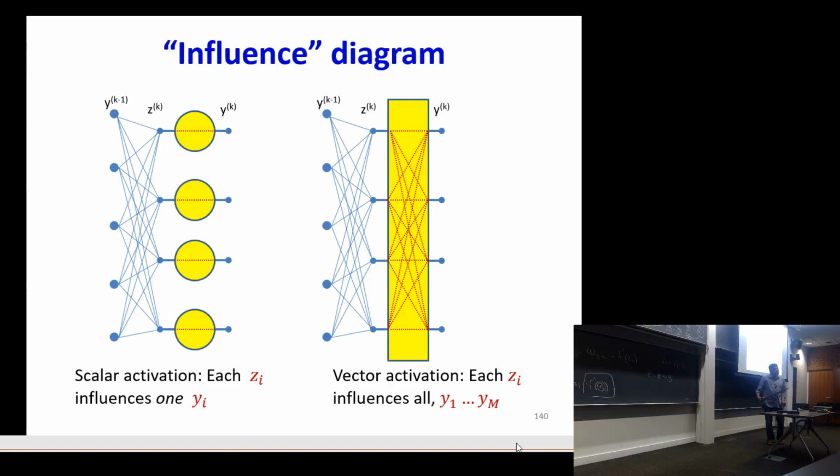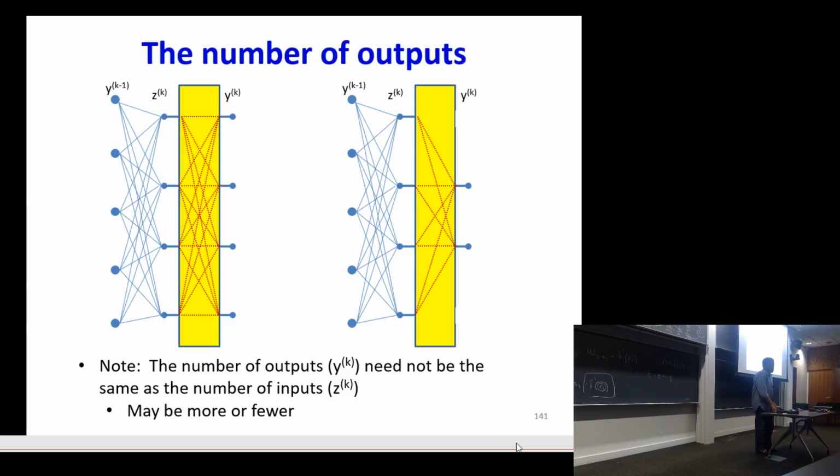But when I've got vector functions, things change. Now we have to go back and look at how things influence the output, correct? Here, every one of these z's influences every one of these y's. So how would you compute the derivative? And again, the number of outputs doesn't have to be the same as the number of inputs to a vector activation, which means your vector function doesn't have to preserve dimensionality.